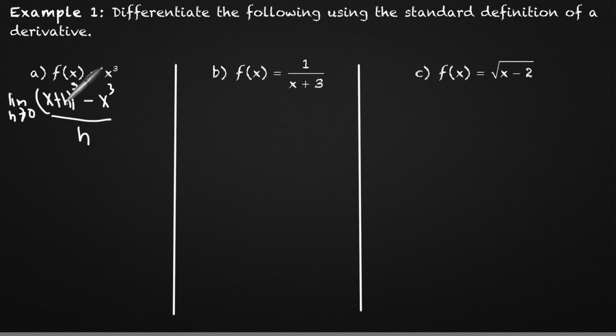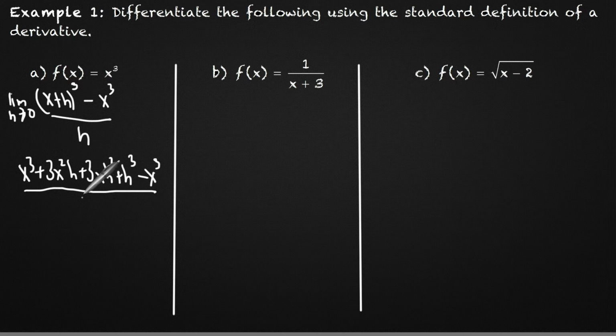Now, if you cube x plus h, x plus h times x plus h times x plus h, you will get x cubed plus 3x squared h plus 3x h squared plus h cubed, still minus x cubed. I'm going through that quickly because I trust that you can do that on your own. And then divided by h, we still have the limit as h approaches 0.